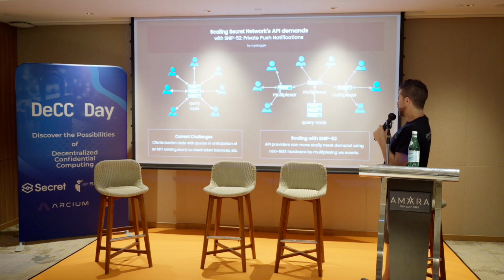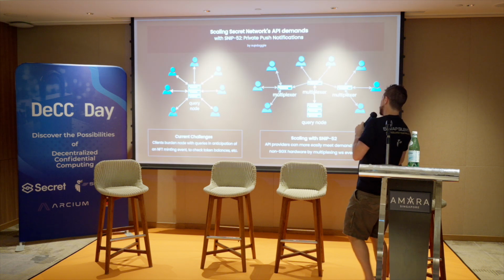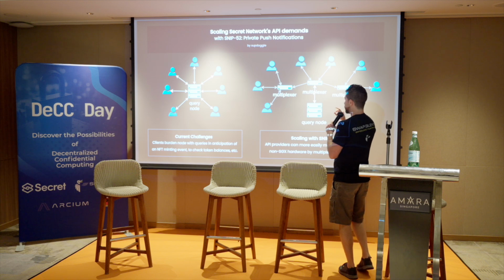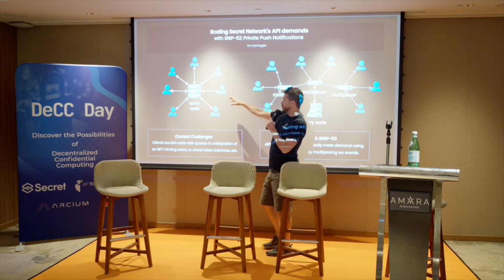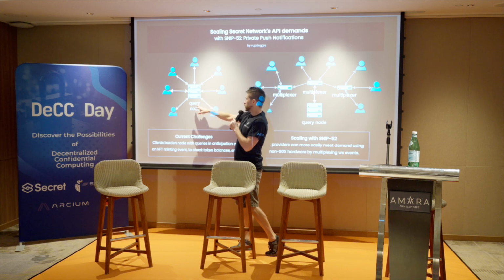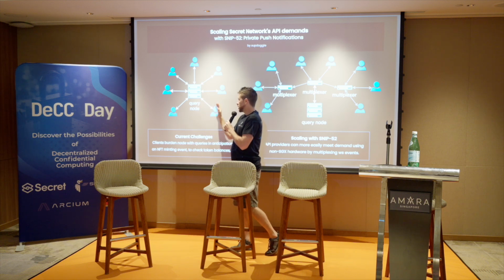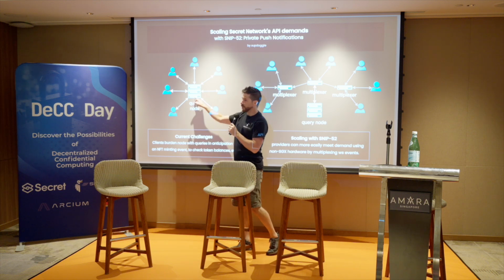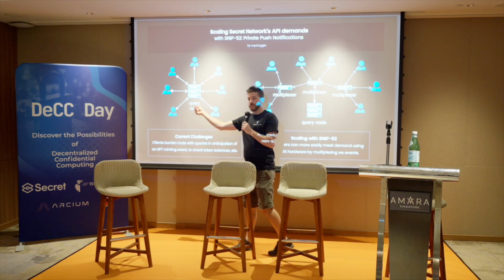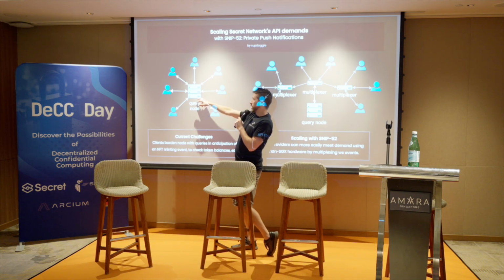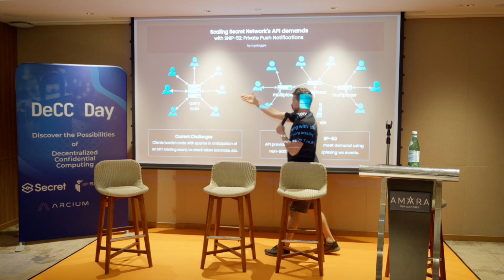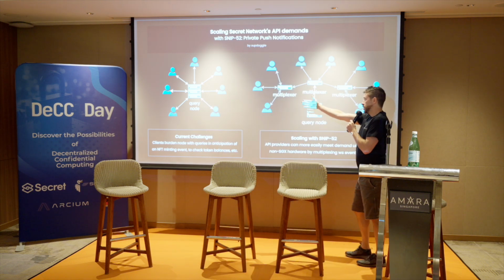Next slide. Okay, so the consequences of that private notifications thing that I just skipped is that before, and currently actually, the way Secret Network works is that you have lots of clients and they're all querying these specialized hardware nodes that are running in the cloud on Intel SGX, which is what the trusted execution environment is.